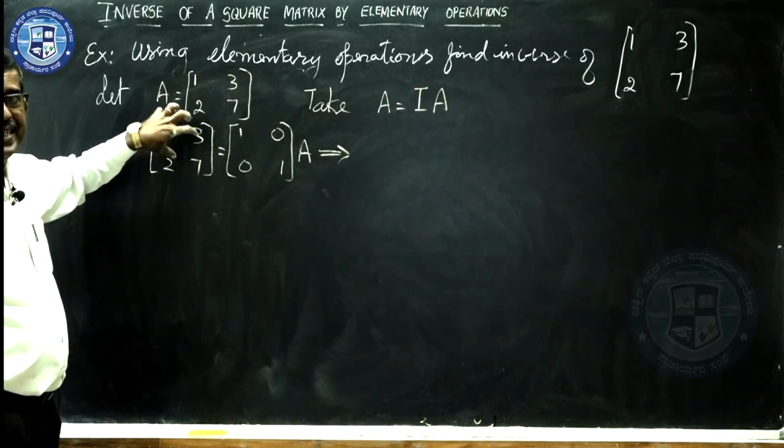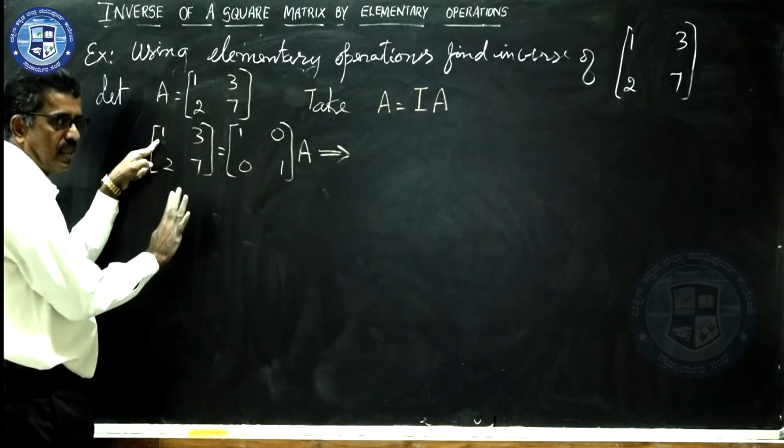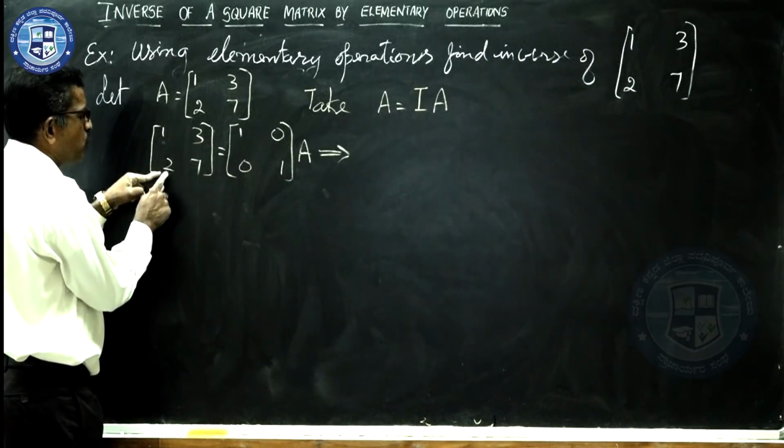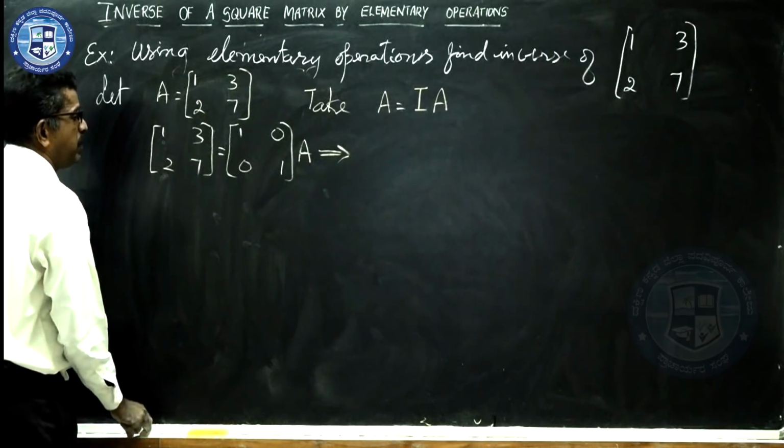In the case of the identity matrix, we expect the very first element 1, it is there as required, but this element has to be made 0.